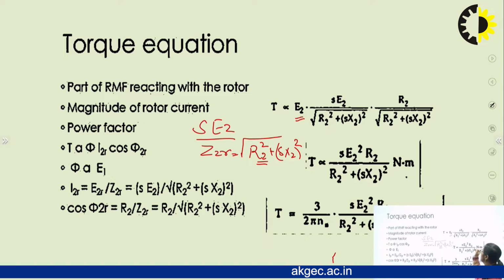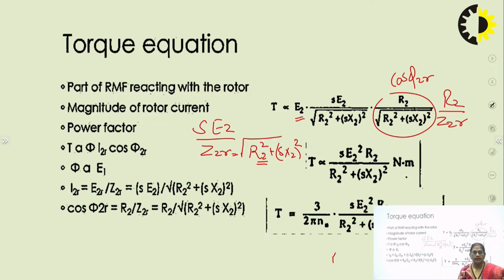Similarly, cos phi 2R is the power factor of the rotor circuit at running condition, which is given by R2 by Z2R. The rotor resistance R2 doesn't change with the running condition because resistance is a frequency-independent quantity.